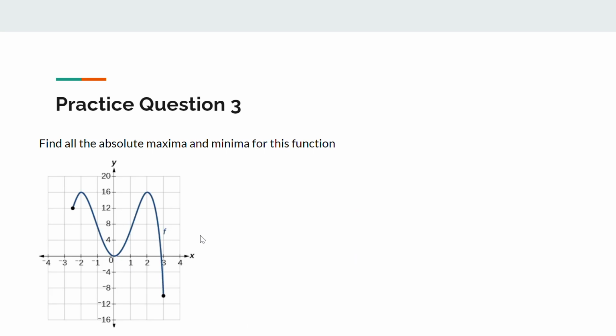Alright, last practice question. Find all the absolute maxima and minimum for this function. Again, 30 seconds starting from now.